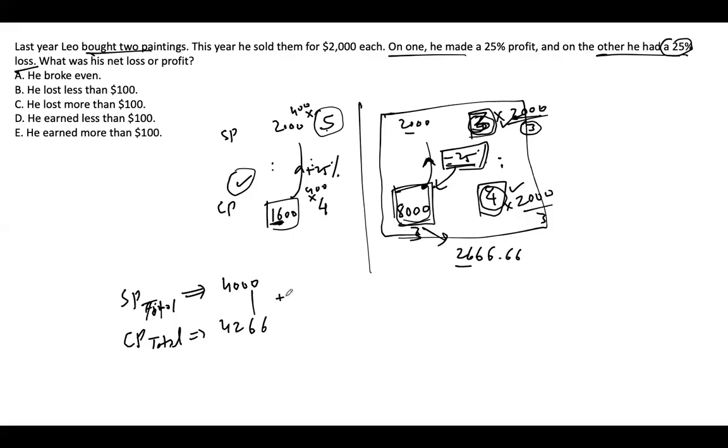It's more than $100. And you said $100 something. Yes, because the price of the one on which he made a loss of 25%, I made a mistake by calculating it as $2,500.